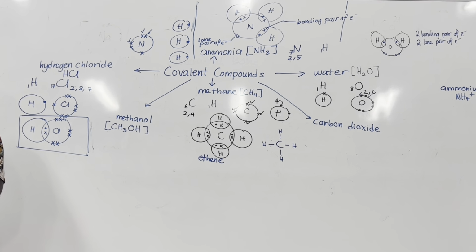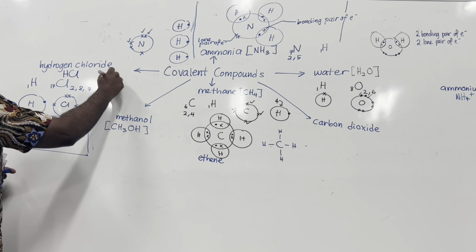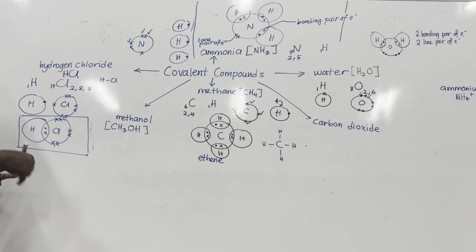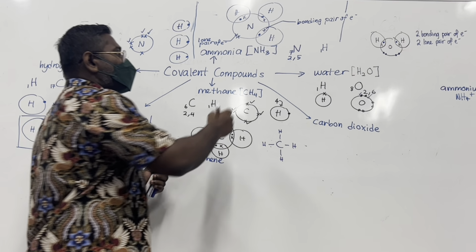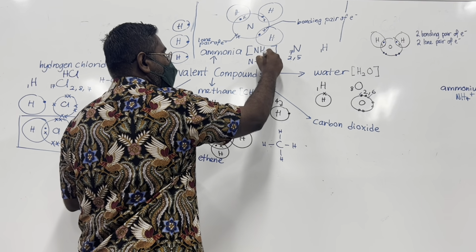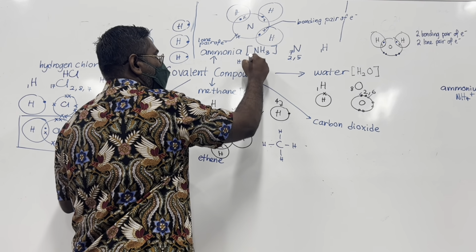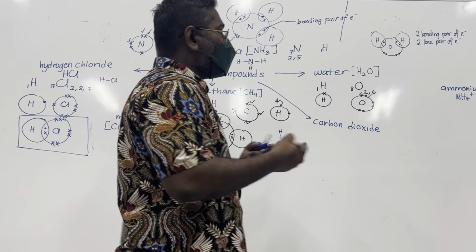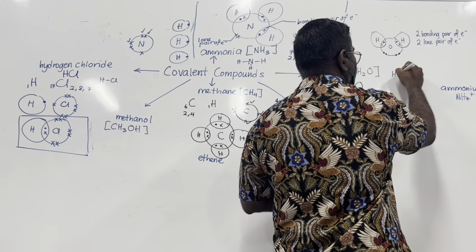CH4, and then if you have HCl, we write it as HCl like this. Ammonia, we write it as NH3, so we write it like this. Water, we write it like this.